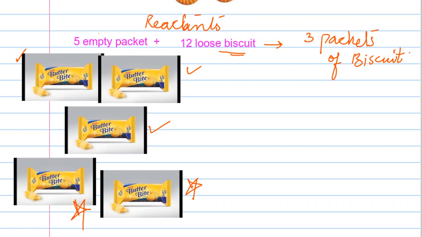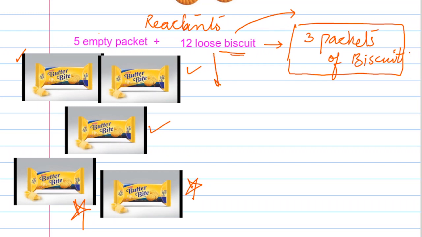Okay, but the question is, in the reactants we have got two reactants, 5 empty packets and 12 loose biscuits. In this product of 3 packets of biscuits, all the biscuits are used up.